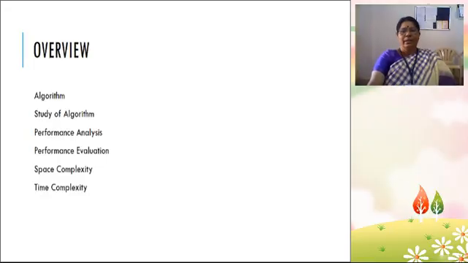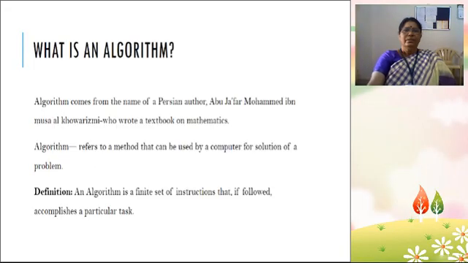After defining the algorithm, let us analyze the need for studying algorithms. As I said, algorithm comes from the name of a Persian author, Abu Ja'far Muhammad ibn Musa al-Khwarizmi, who wrote a textbook on mathematics.